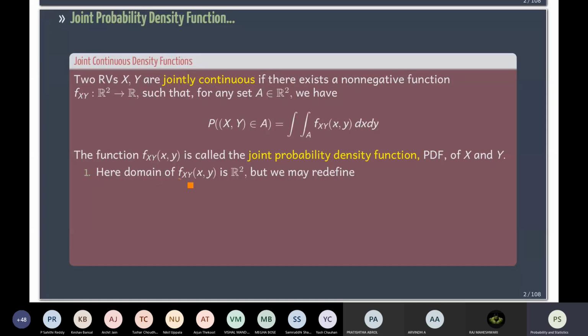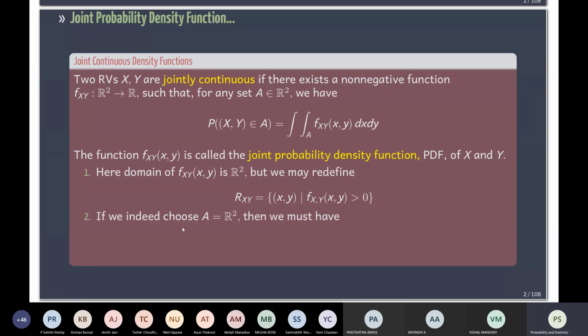Here the domain of f_XY is R squared. But we may redefine this in the sense that I will take only positive values. I will define the range to be the set of all (x, y) such that the PDF takes positive values. If we choose A to be R squared, then this integral will go from minus infinity to infinity.